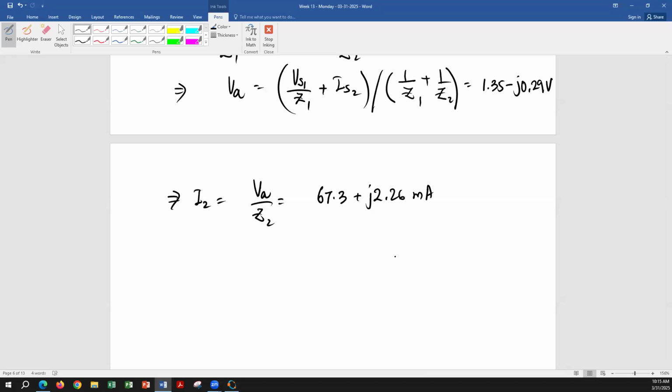So now I can calculate. Again, since we are calculating active and reactive power, we can just calculate the complex power. Real part will be active, imaginary part will be reactive. So the complex power of Z2 is VA times the conjugate of I2.